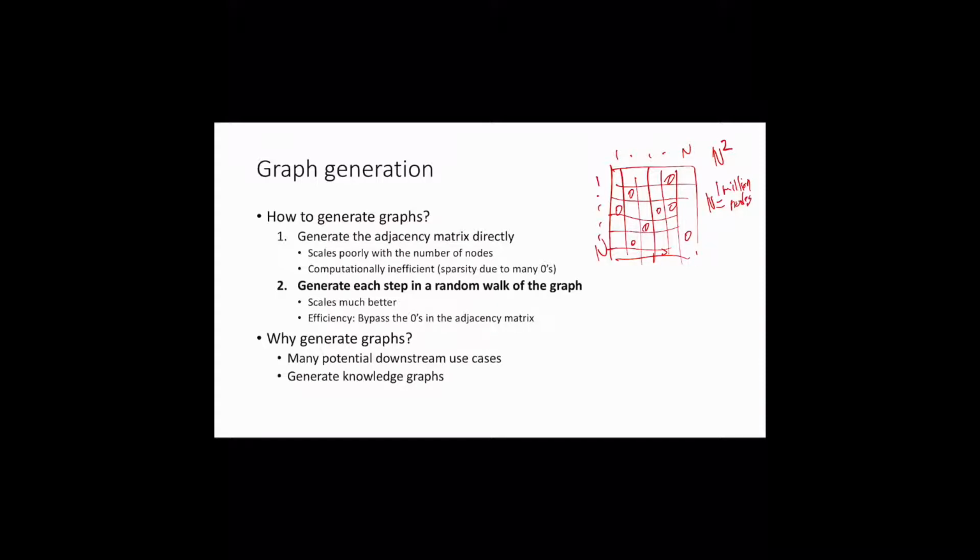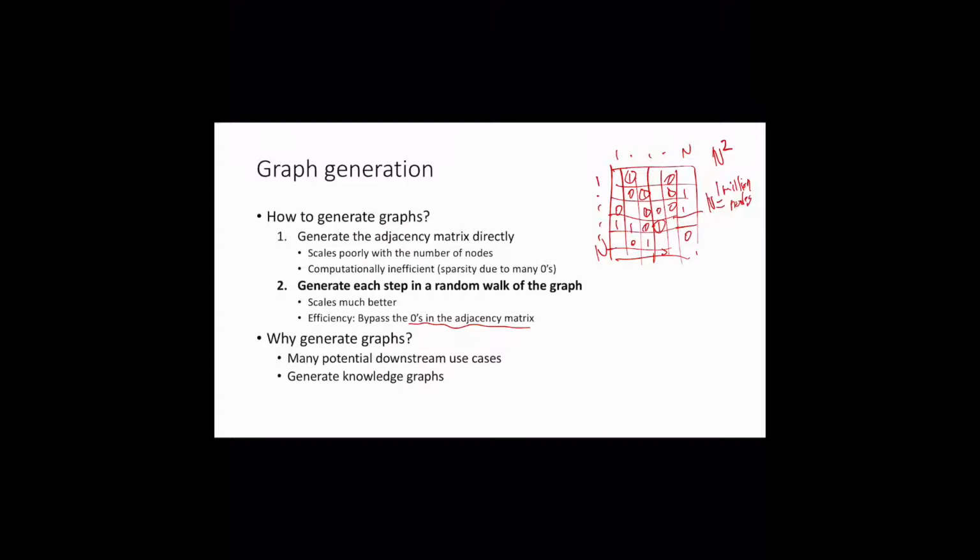So alternatively, we can generate each step of the graph in a random walk. So in this case, we would be only focusing on, in this matrix, only focusing on the entries where there is an edge between two nodes. And this scales much better and bypasses the zeros in the adjacency matrix problem.